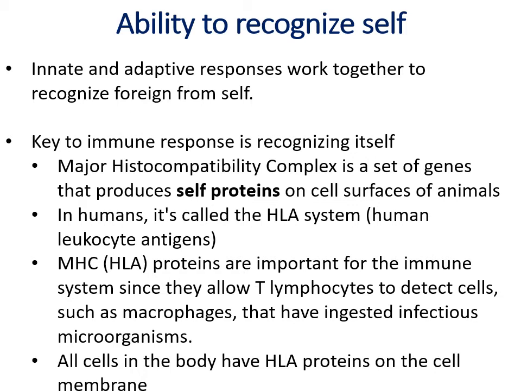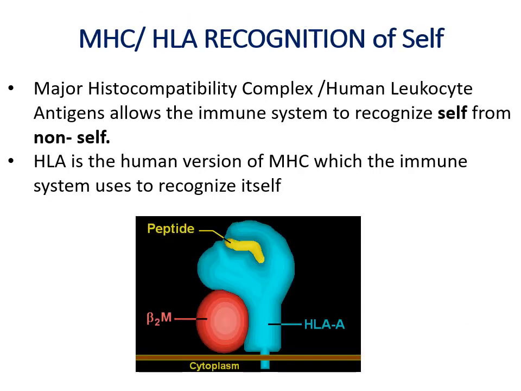So all of the cells in the body have HLA proteins on the cell membrane, and the adaptive immune system is not supposed to attack them under normal circumstances. If you have an autoimmune disease, that will change things. Then you can have the immune system attack your own cells. Okay, so here's just an image of the HLA complex on cells.